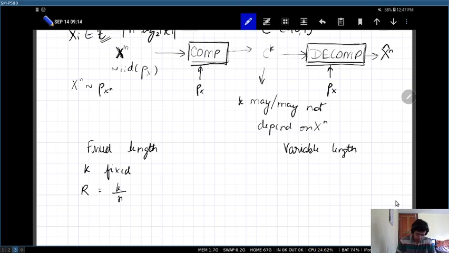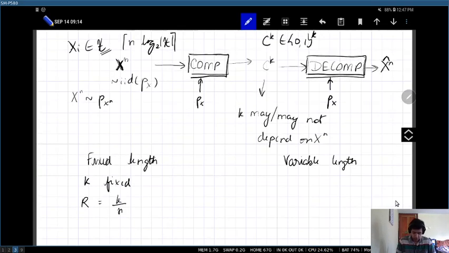So this is called the rate of the compression scheme. But clearly, if k is strictly less than n times log of size of X, we will not be able to reconstruct every single file, right? Just by the pigeonhole principle. So we can't reconstruct it exactly, but we can reconstruct it with high probability.